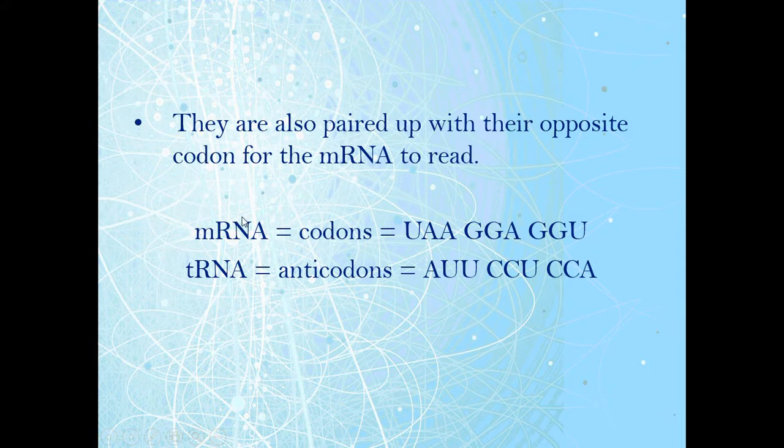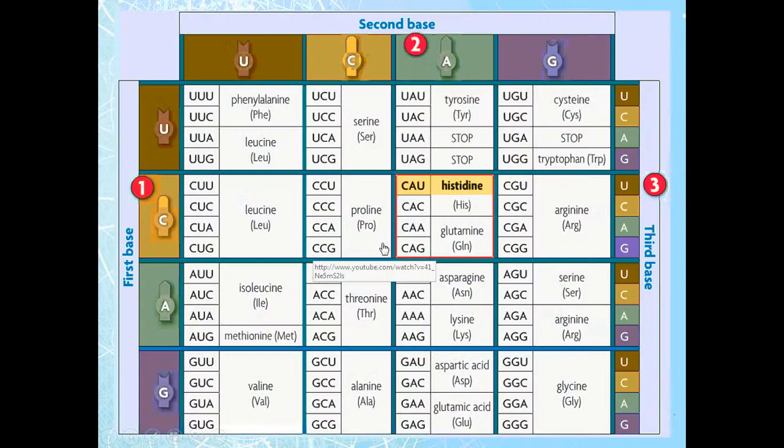So mRNA is codons, and tRNA is anticodons. These are complementary to one another, and we know exactly which codons code for which amino acids. So for example here, if we were looking for histidine, which is CAU, we could first find the first base on this side is C, second base up here is A, so then we go to this box where C and A meet up.